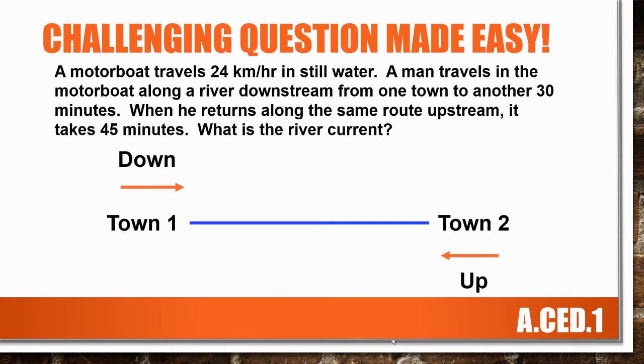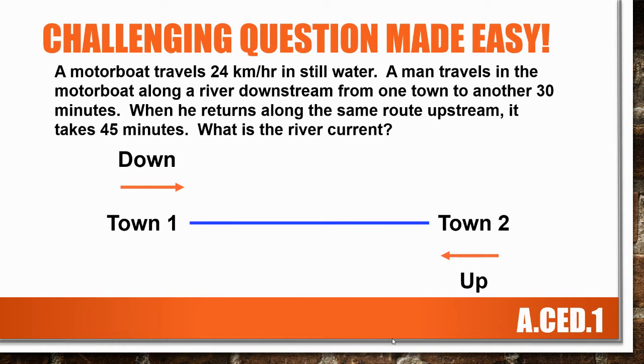So now let's look at the problem. So we know that a motorboat travels 24 kilometers per hour in still water. A man travels in the motorboat downstream from one town to another in 30 minutes. When he returns along the same route, upstream, it takes 45 minutes. What is the river current?